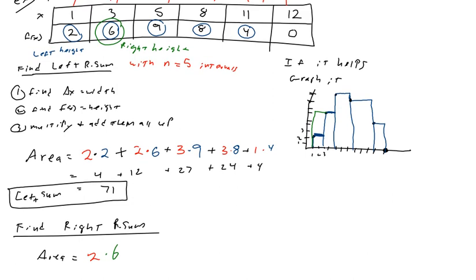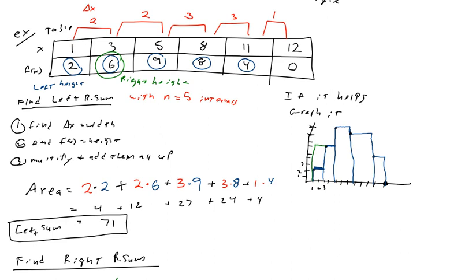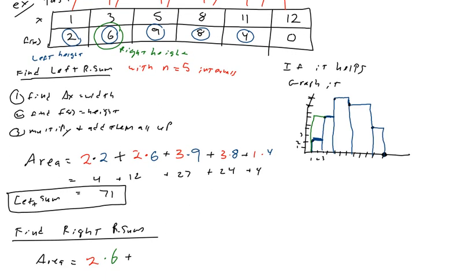Keep following the pattern. Again, the next area, width of 2 from 3 to 5, times the height. This time it's going to be 9, my second one, right? My 9 height is going to be my next height here.